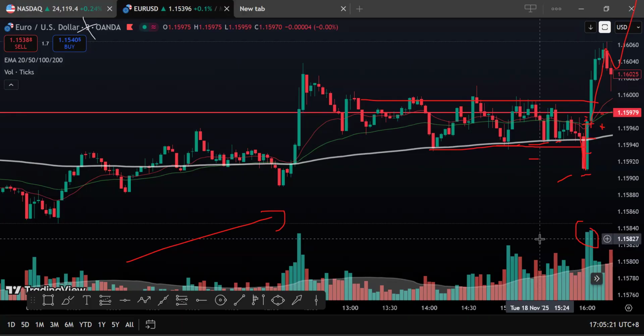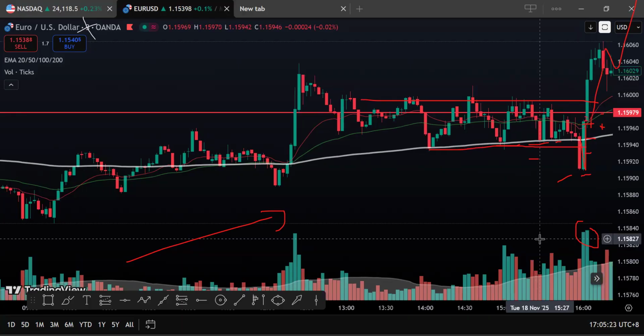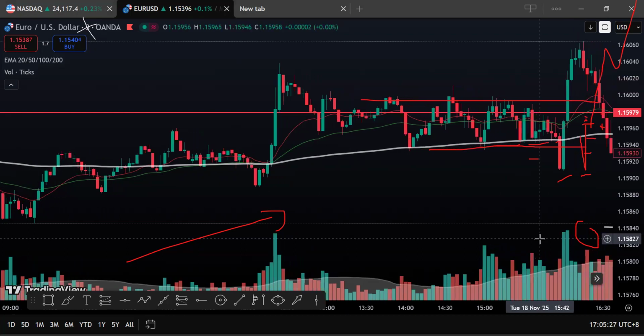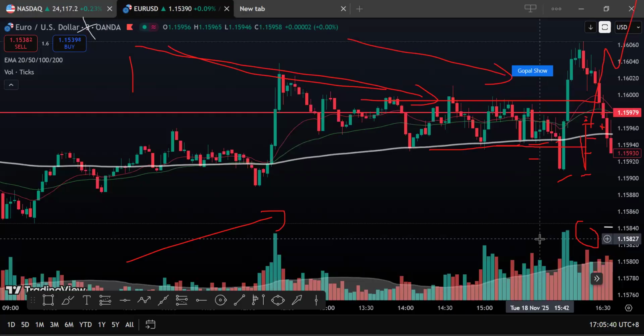Now you fast forward, move your chart. But yes, sellers came very strong. It means on the higher time frame the downtrend flow is there. The flow is downside.